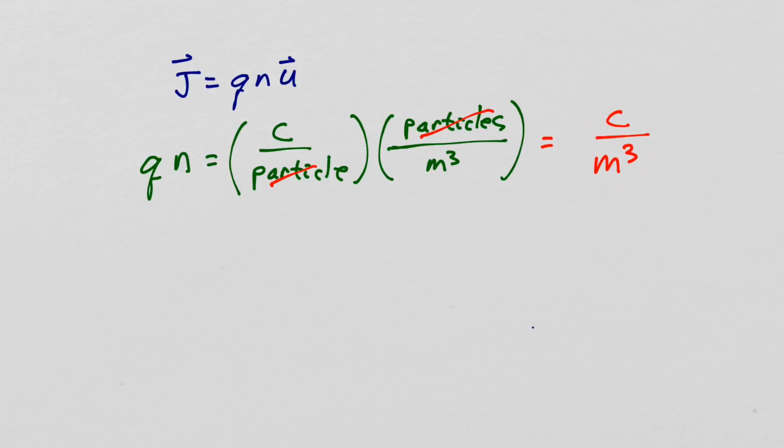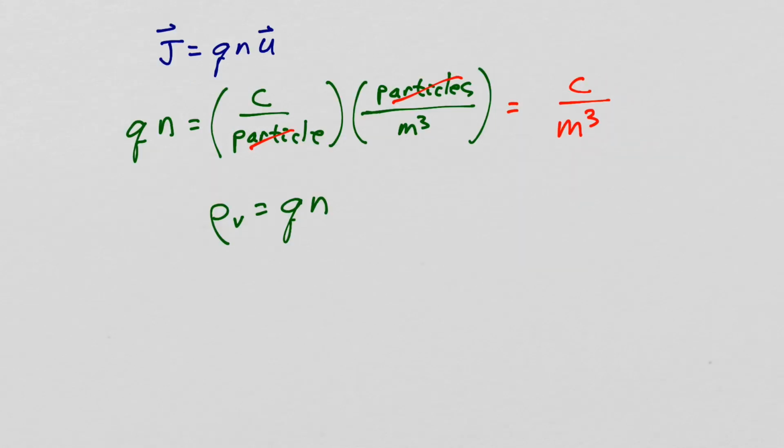Q times N is the amount of charge per unit volume at a point in space. This is something we've encountered before. That is just the volume charge density. So we can rewrite our equation for the current density as J is equal to the charge density times the drift velocity with which that charge is moving.